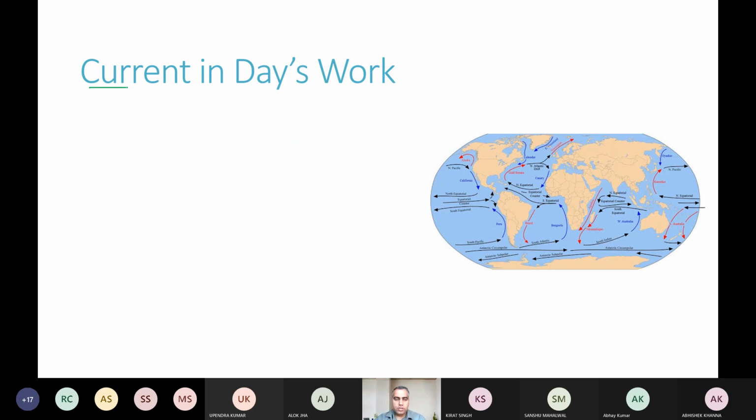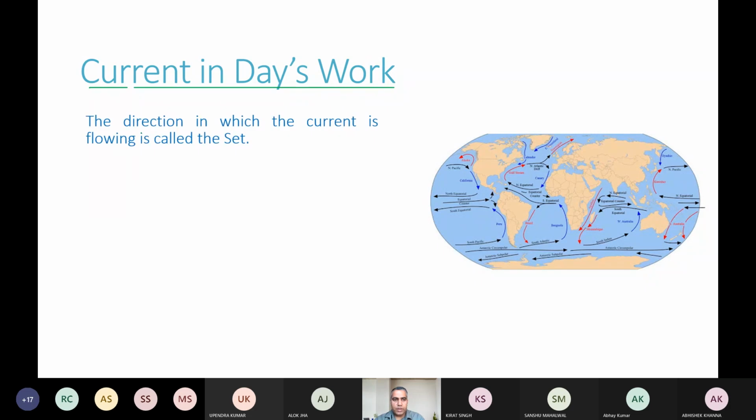Okay. So next thing which we have in day's work is the effect of current. The direction in which the current is flowing is called the set of the current.